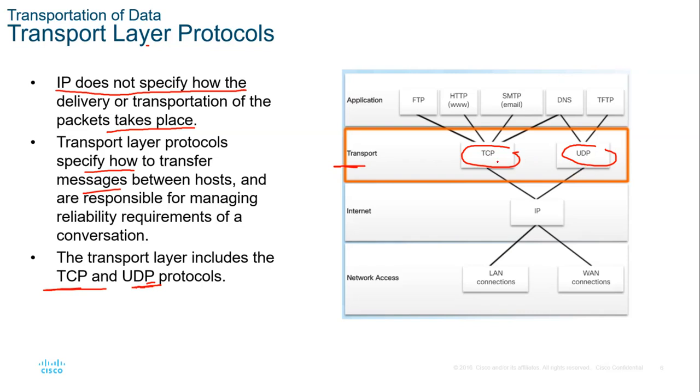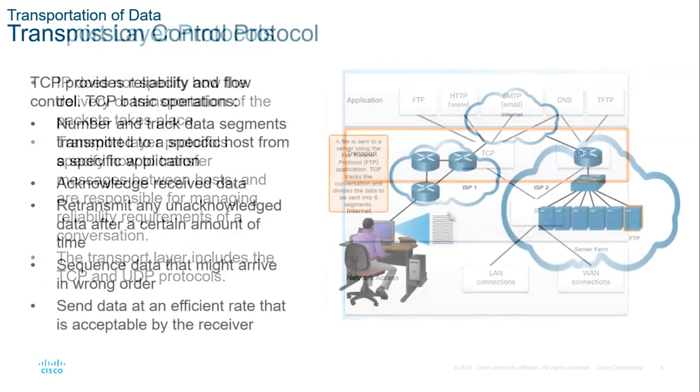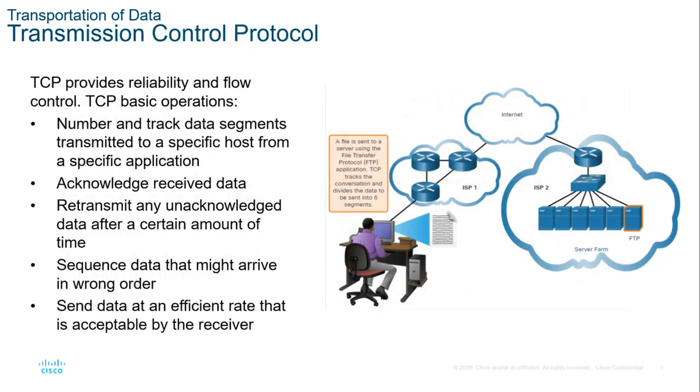And whether it's TCP or UDP, they have to use IP. It's a must, because IP is like the foundation. They all have to operate on IP. So TCP provides reliability and flow control.